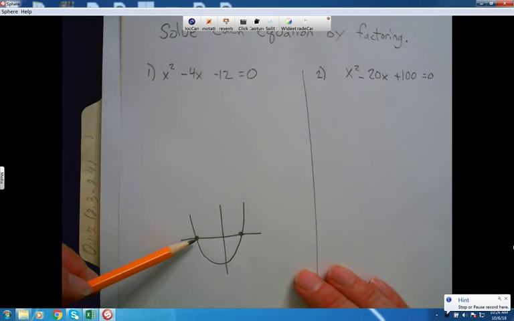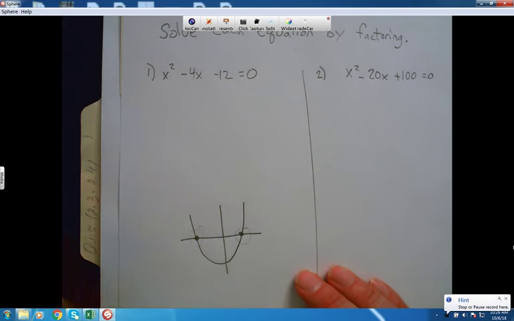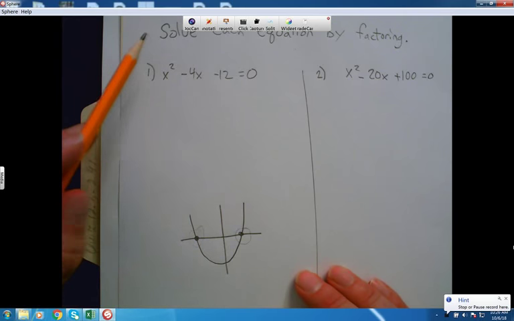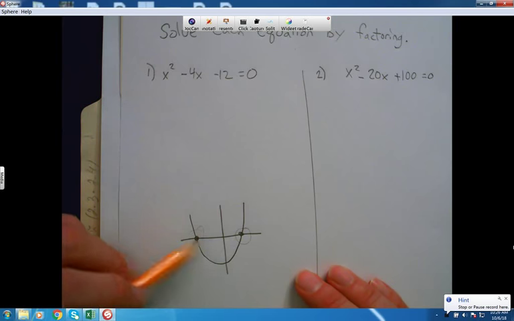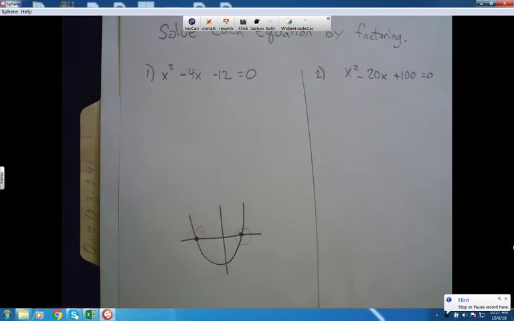We'd hit second, calculate, 0, find this point, and write it down. Second, calculate, 0, find this one, and write it down. So solving the equation by factoring just means that we're going to figure out where the quadratic hits the ground without actually graphing it. It turns out it's pretty quick to do it that way, and here we go.